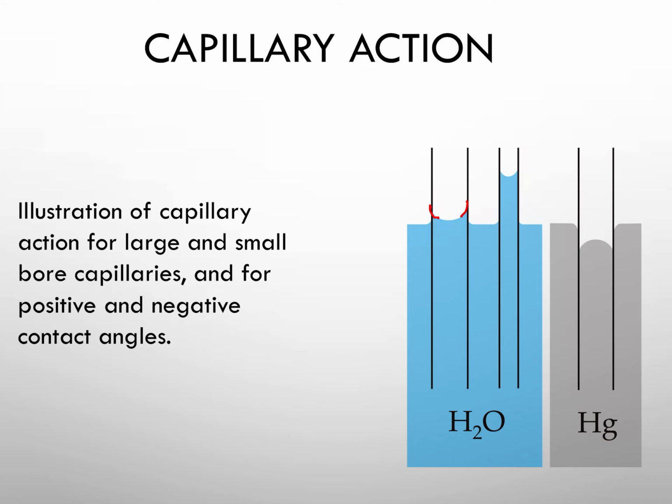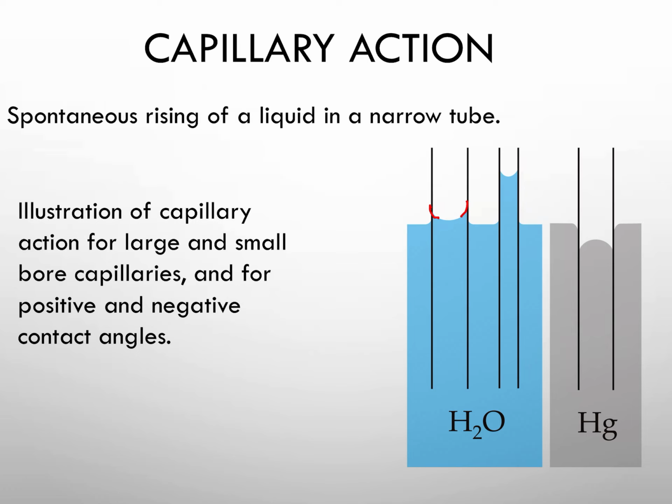Mercury is not attracted to glass, and instead it will try and shy away from it and stay with the other mercury atoms. And so when that happens, we get the opposite shape. The narrower that we make these capillaries, the smaller and smaller the volume will be in them. So again, this is called capillary action or capillarity, but it's a little more common to call it capillary action.